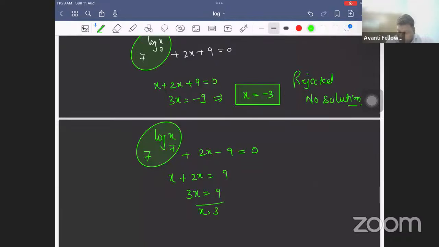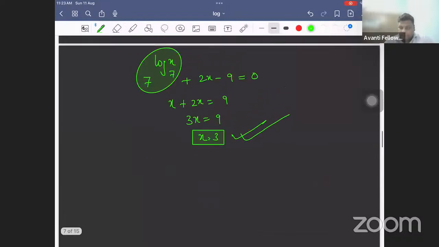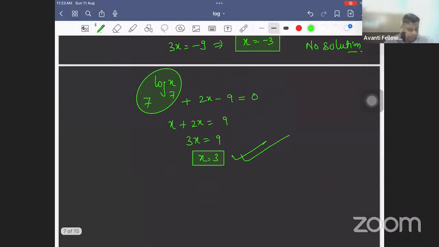So x comes 3. And 3 is positive. It is the component of log also. This is a totally valid answer. All right. Note it down quickly. Yes, it is accepted. It is a valid answer.